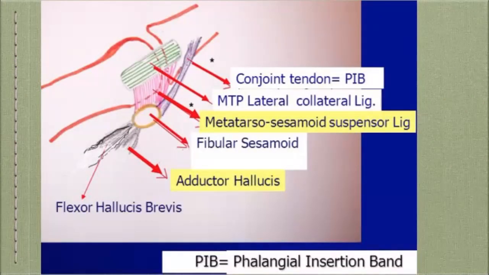So this one is the collateral ligament. So the metatarsal and phalanges non-articulating surfaces are joined by the collateral ligament, right. And this is the conjoint tendon.